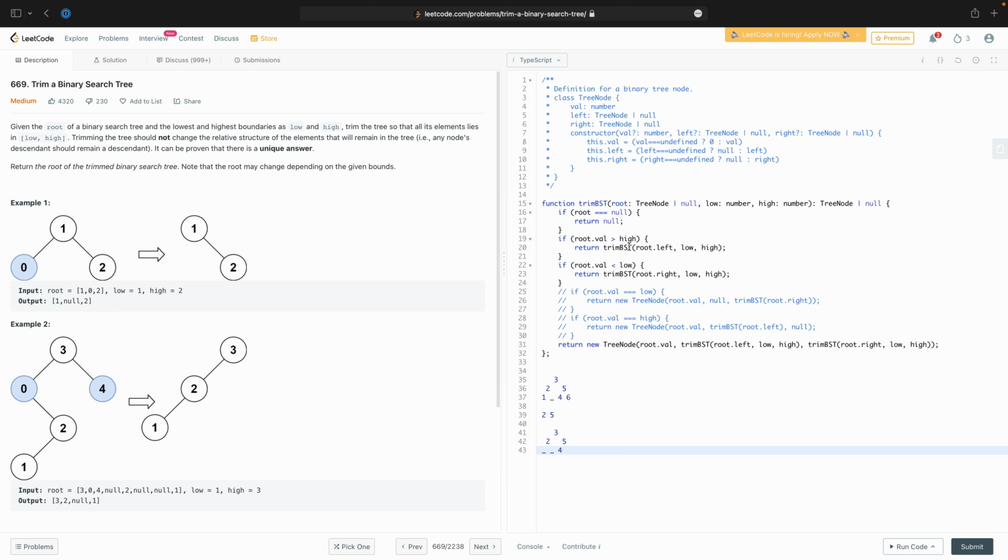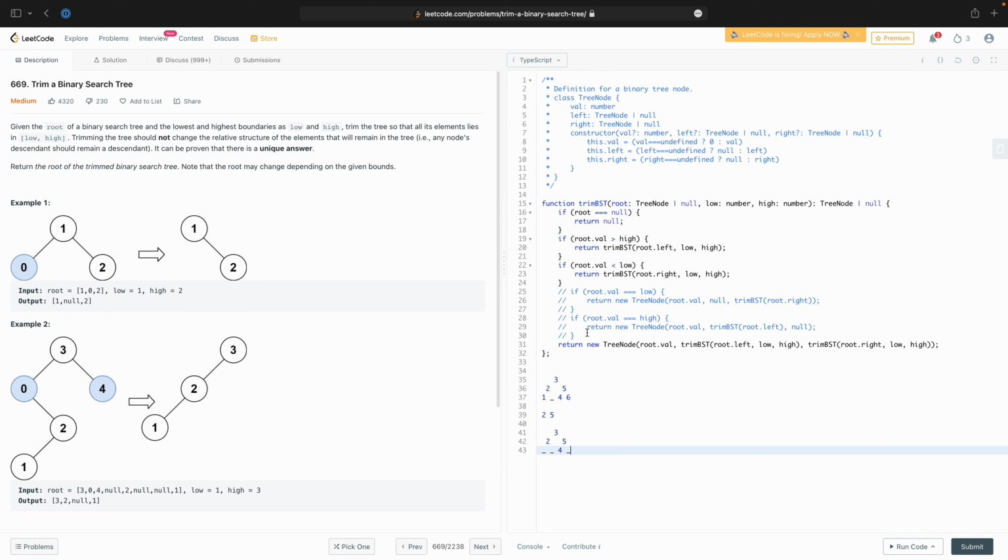6 is beyond the high value. So I think this one here, it's beyond the high value, so we're going to look only at its left. Its left child is null. So we are done. 2, 3, 4, 5. Now, this is probably a bit wasteful.